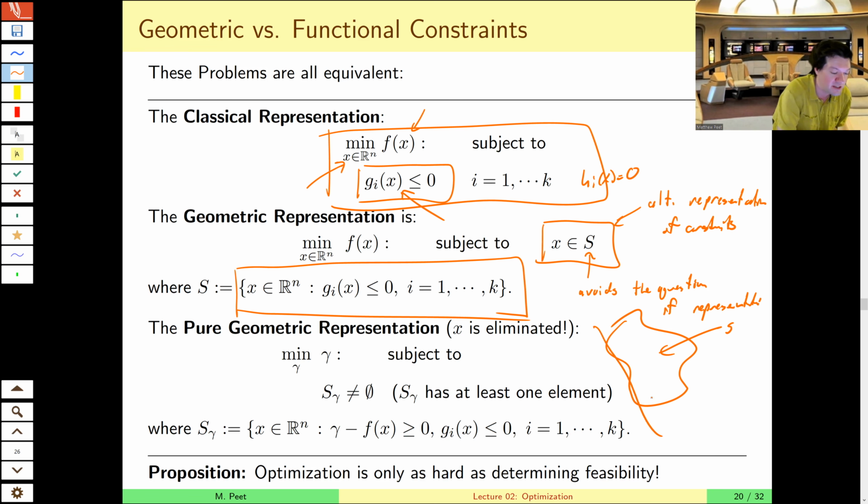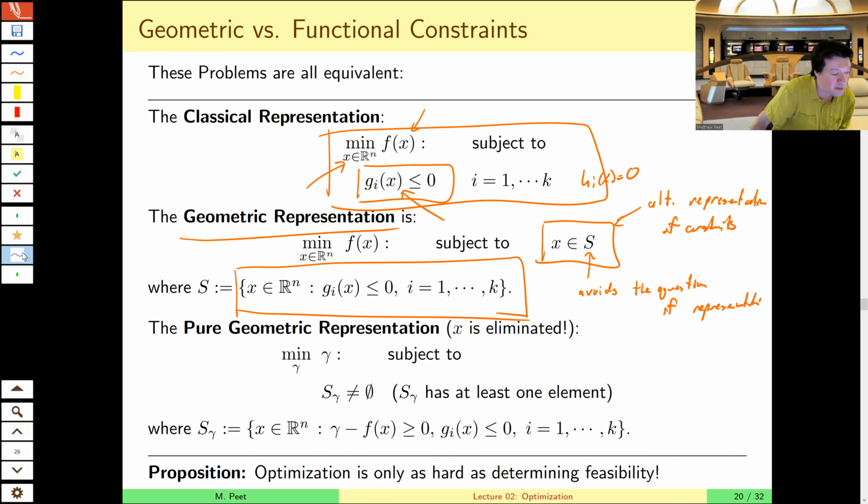In fact, we can over-represent the set, or under-represent the set. So it's a very useful conceptual framework for thinking about optimization problems, in terms of optimization over a set. That's a geometric representation. So this encapsulates those equivalences that we talked about between representations of the set.